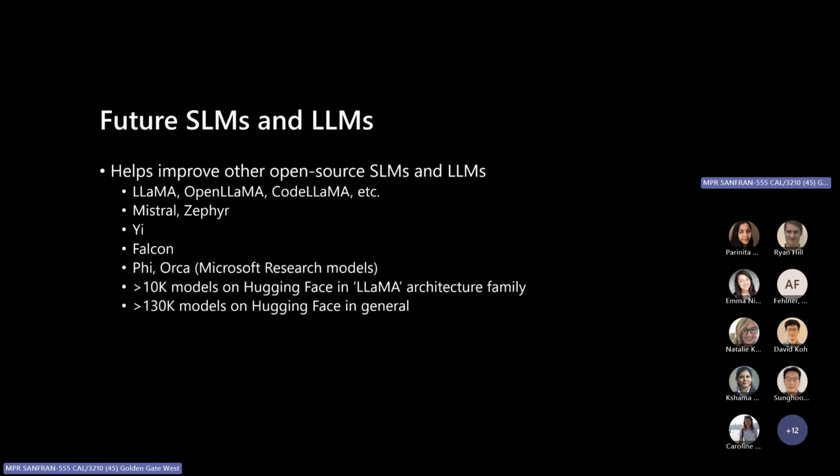So for some examples, the Llama architecture: you've got Llama, OpenLlama, which was released with the first version of Llama because Meta had restricted the weights, CodeLlama, which I believe just recently got released, and a lot of other variations in the Llama model family.